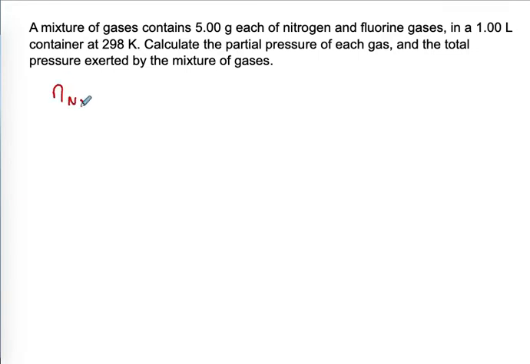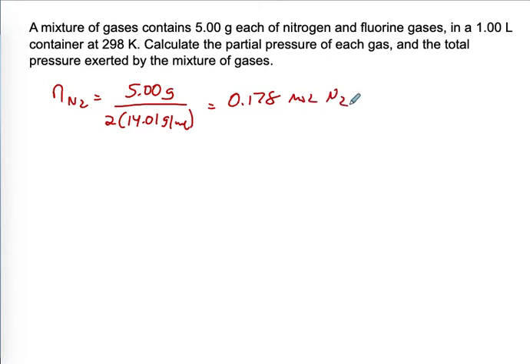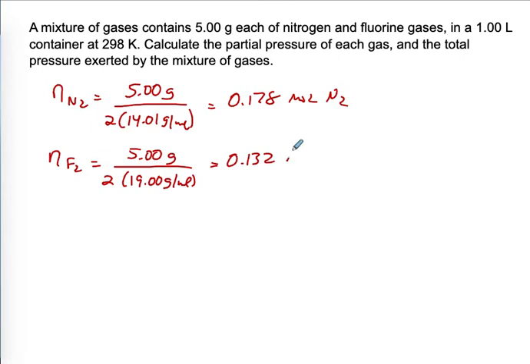So my moles of nitrogen will be equal to the mass divided by the molar mass. Remember, nitrogen is diatomic. That gives me 0.178 moles of nitrogen. And the moles of fluorine will be equal to the mass of fluorine divided by the molar mass of fluorine. Again, remember, fluorine is diatomic, is a pure element, and that gives me 0.132 moles of fluorine.